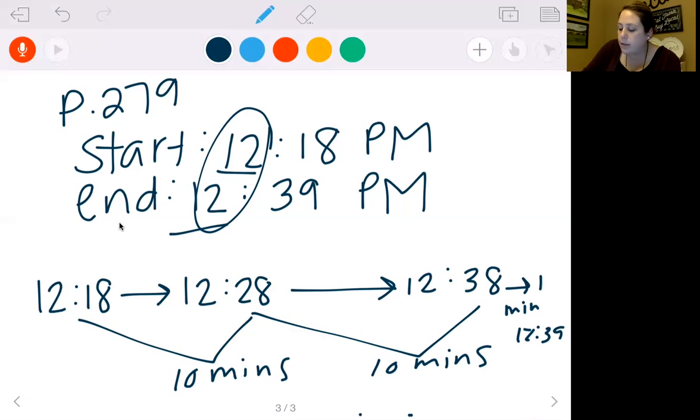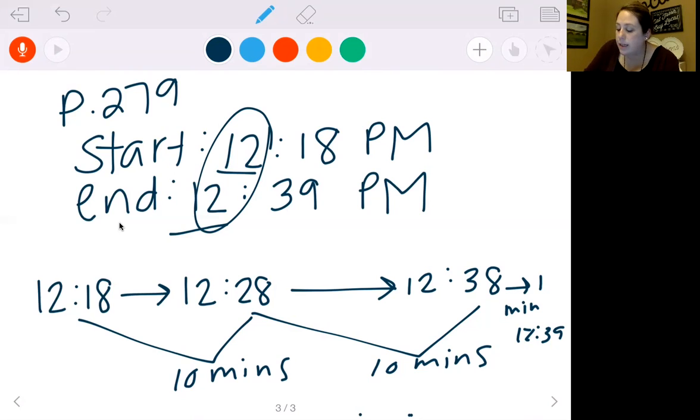I'm just going to put S for start and E for end. Start at 4:26 p.m. End at 4:55 p.m. So I'm going to show you both ways. We're in the same 4 o'clock hour, so I can take the bigger time and subtract the smaller time.